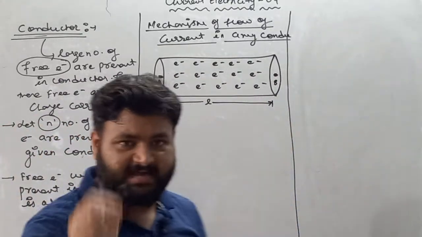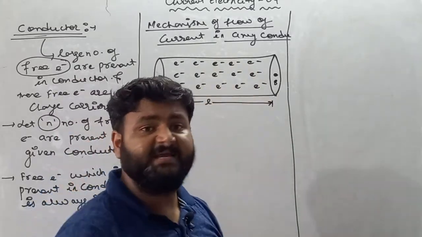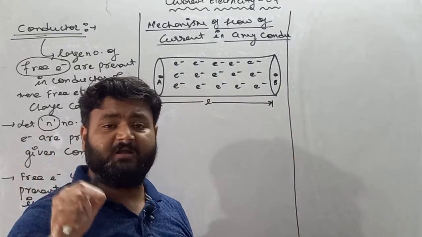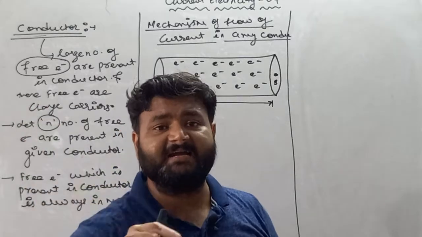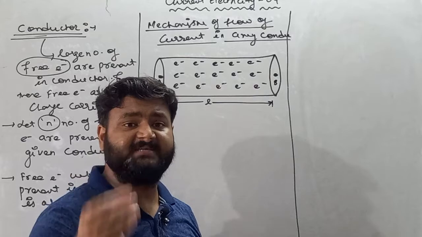Remember this thing, as the number of free electrons in the conductor is very high, the free electron which is always in motion performs zigzag motion, because a number of collisions can take place.